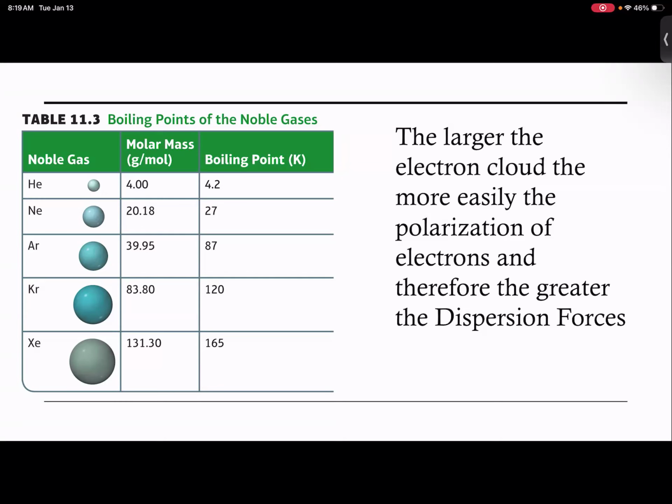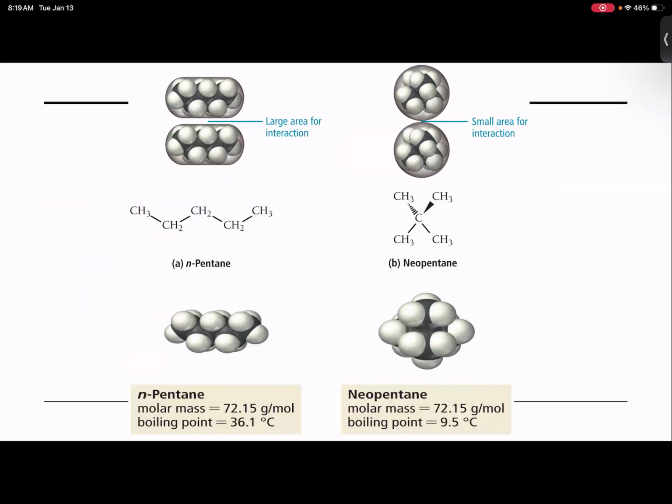An example would be what is known as n-pentane. The n just means that all of the carbons are lined up in a row. And we said yesterday, pent meant 5, so we're talking about a 5-carbon chain. n-Pentane has the exact same chemical formula and the exact same molar mass as neopentane.